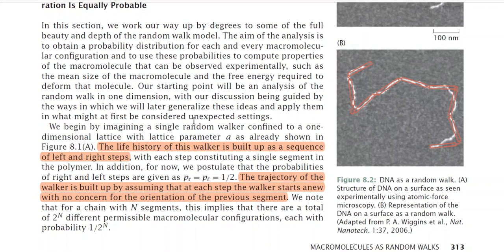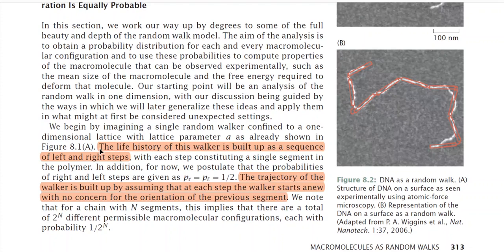So later we will generalize the model. We will start from the one dimensional problem and later we will generalize. We begin by imagining a single random walker confined to a one dimensional lattice with lattice parameter a, as already shown in figure 8.1.